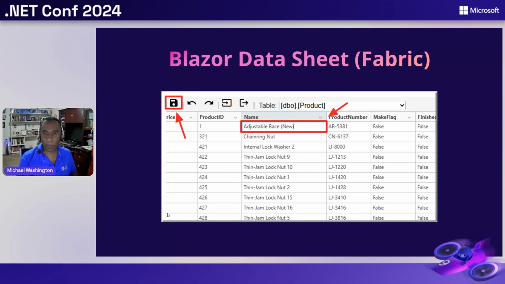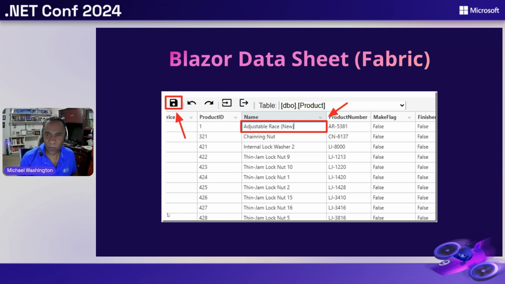Finally, with the time remaining, I'll just cover that with Fabric Warehouse, you're usually not updating data the way you would, say, with SQL Server. However, sometimes you do need to. So therefore, I actually did write all the code needed to allow you to use that data sheet control to update the data in Fabric.